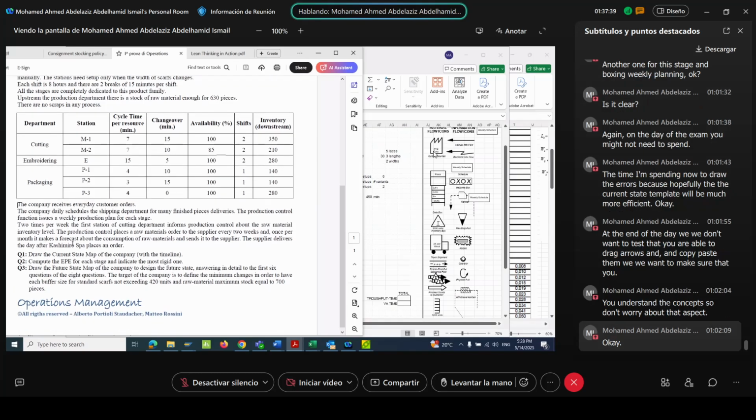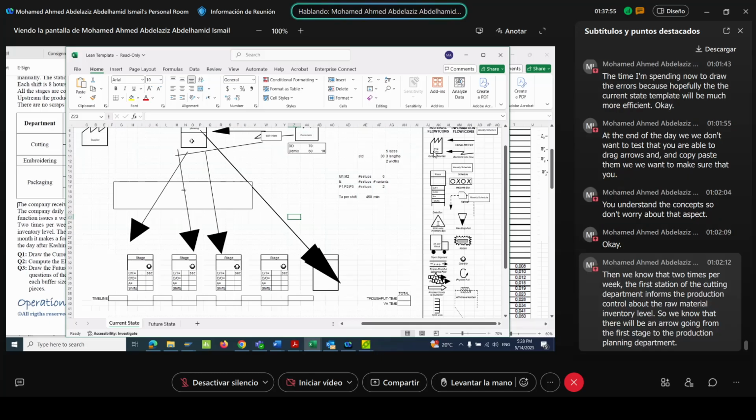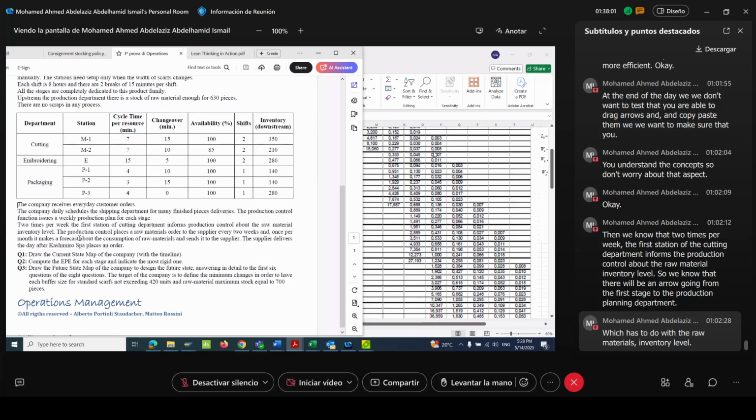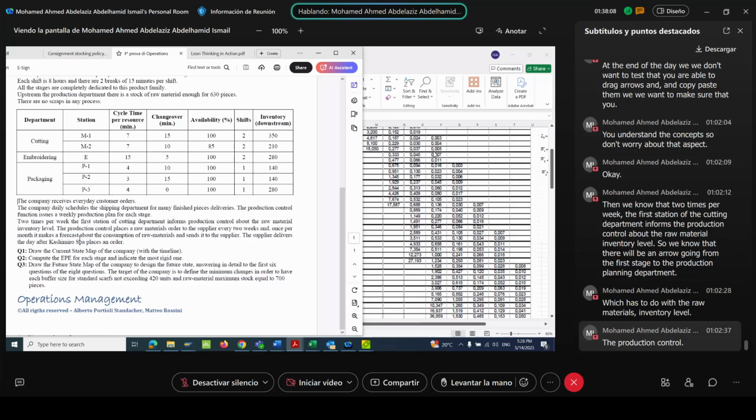Then we know that 2 times per week, the first station of the cutting department informs the production control about the raw material inventory level. So we know that there will be an arrow going from the first stage to the production planning department, which has to do with the raw materials inventory level. The production control places a raw materials order to the supplier every 2 weeks.